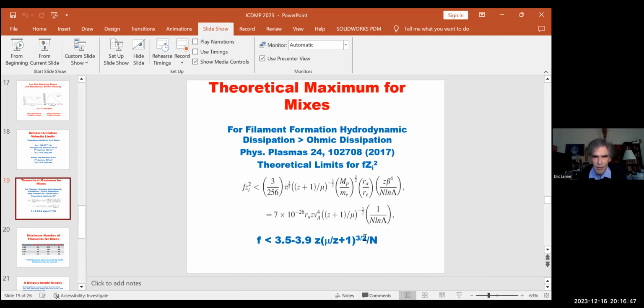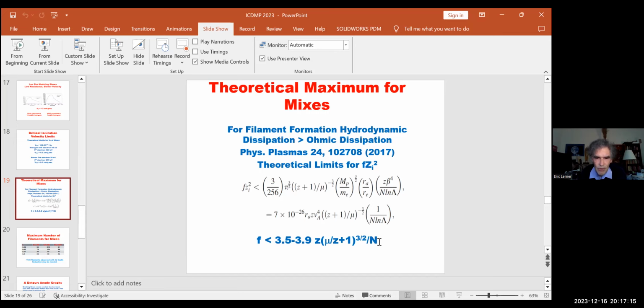When hydrodynamic dissipation is dominant, then the current wants to form filaments to minimize that dissipation. So we found out, working through these numbers, that the fraction of the higher Z material, these are all low Z mixing gases, is a function of this formula.